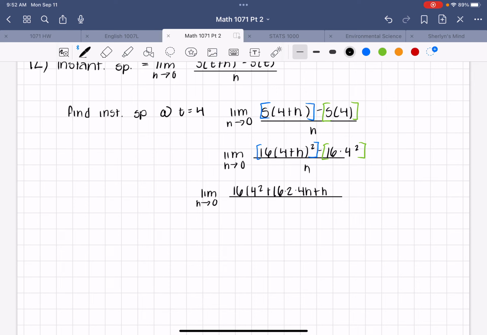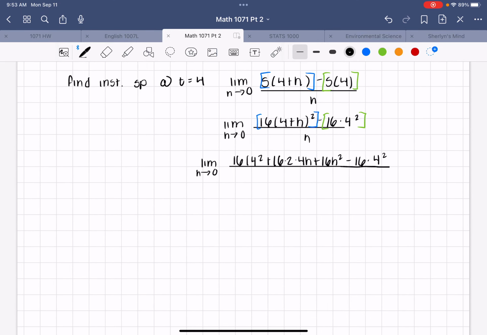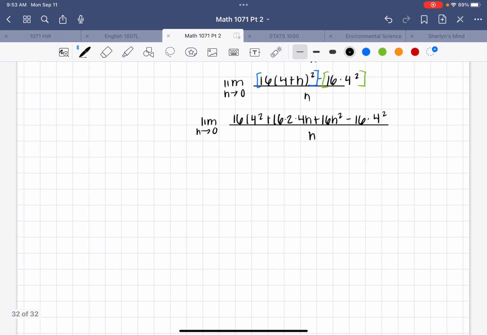That's the limit as h goes to 0, recopy: 16 times 2 times 4h plus 16h squared all over h. Now, factor the h out of the numerator. So you're left with h times (16 times 2 times 4 plus 16h) all over h. And now you're invoking why we're doing limits. You can't divide by 0, but because h is not 0, might be tiny, but it's not 0, it is legal to cancel those non-zero factors.